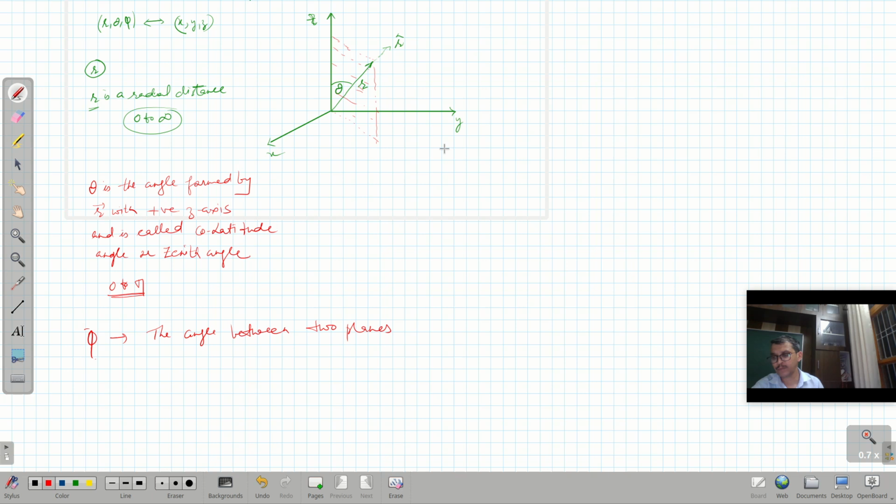So first plane is the plane containing r vector. It is the plane in which this r vector is lying.